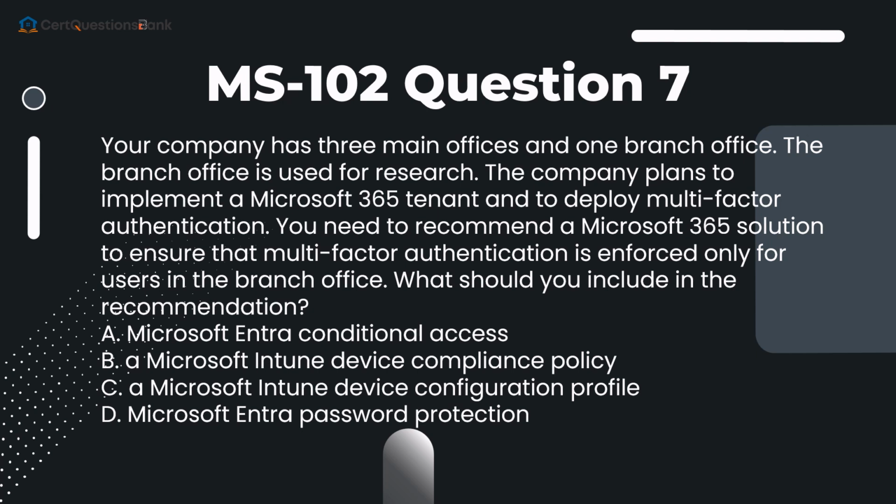What should you include in the recommendation? A. Microsoft Entra Conditional Access. B. A Microsoft Intune Device Compliance Policy. C. A Microsoft Intune Device Configuration Profile. D. Microsoft Entra Password Protection.